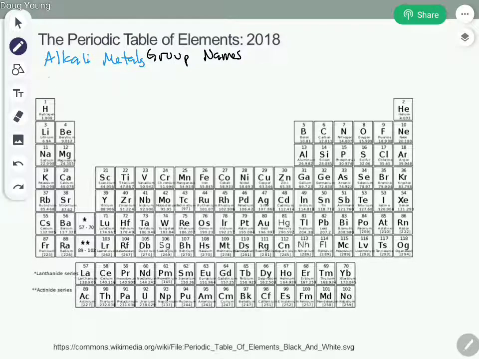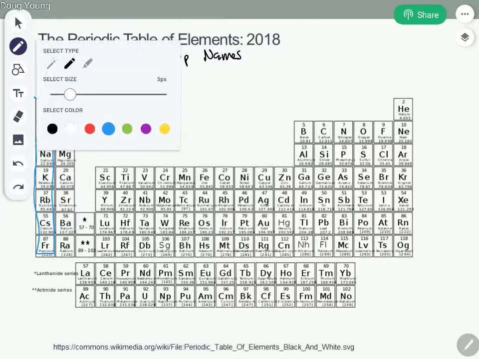But we're not talking about hydrogen, because remember, hydrogen's not a metal at all. It belongs over on the right-hand side. We're talking about everything but hydrogen. So all of the rest of this group, lithium, sodium, potassium, rubidium, cesium, francium, all the rest of those.